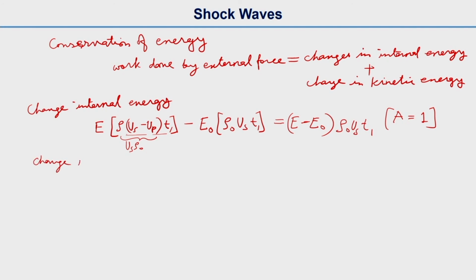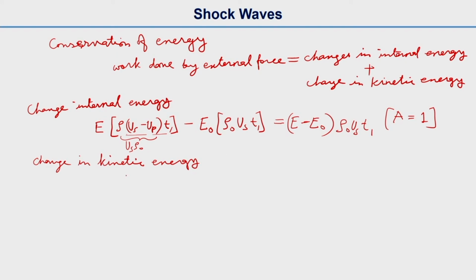And the change in kinetic energy: the final kinetic energy is half rho (Us minus Up) Up T, that is the mass, times velocity squared, minus the initial kinetic energy, where the piston is at rest.